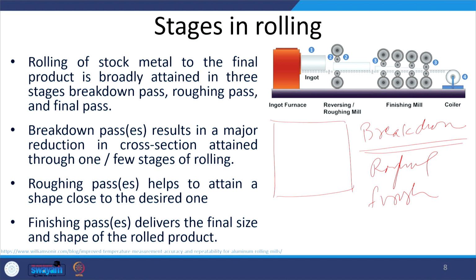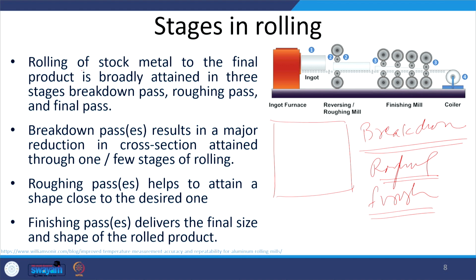This is usually done at a much higher temperature in the case of hot rolling. In roughening, further efforts are made to attain a size and shape close to the desired one, and in the finish passes, closer control over the dimensions, surface finish and properties through microstructural control is realized.